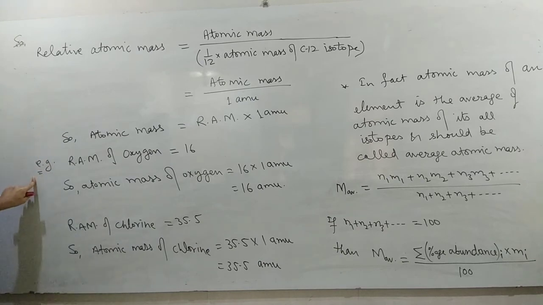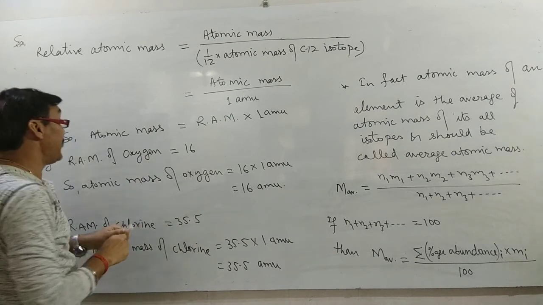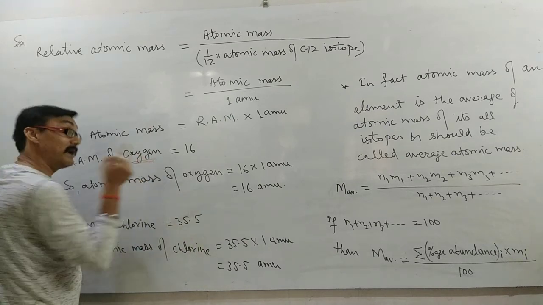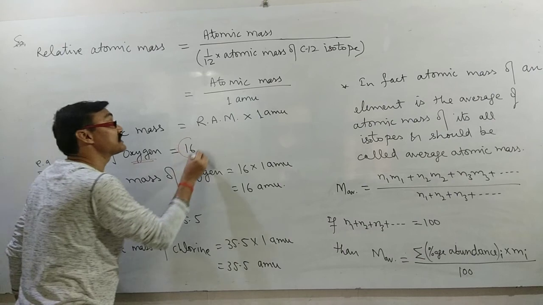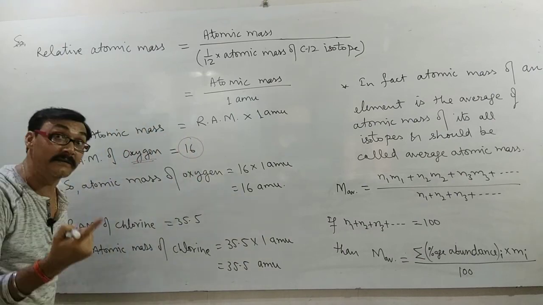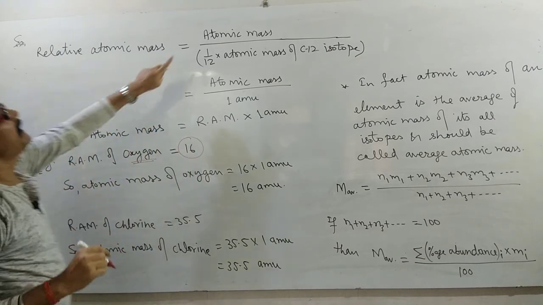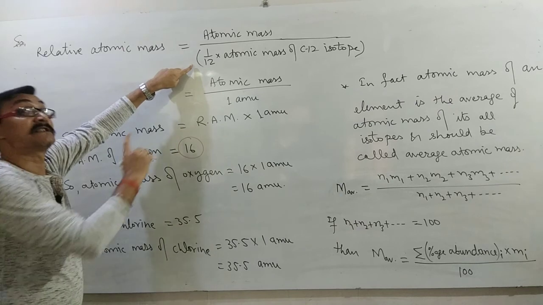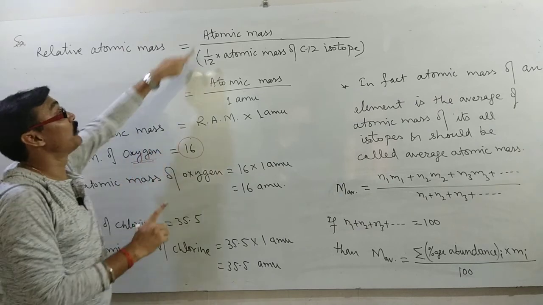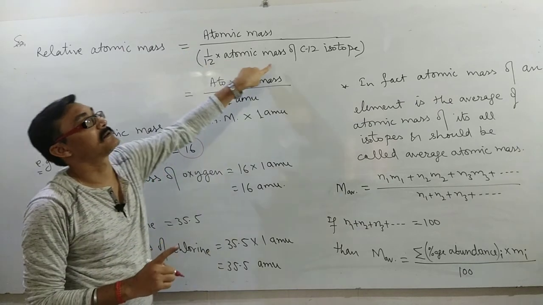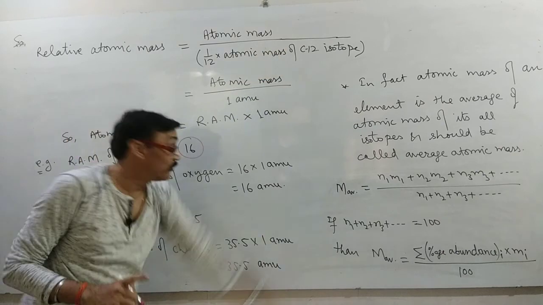For example, relative atomic mass of oxygen is 16. It means one atom of oxygen is 16 times heavier than 1 AMU, or 16 times heavier than 1 by 12 of atomic mass of carbon-12 isotope.